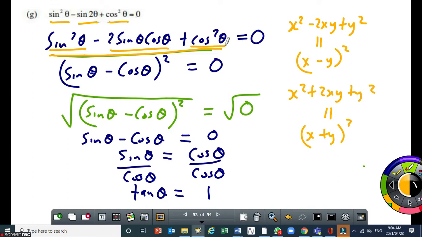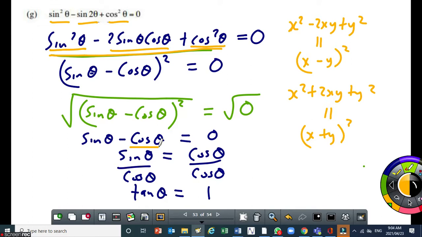Then you take the minus cos theta to the right, you get a positive cos theta. The moment you see sine theta on one side and cos theta on the other, it means you have to create tan. To create the tan, you divide both sides by cos theta, then you get tan theta equal to 1.